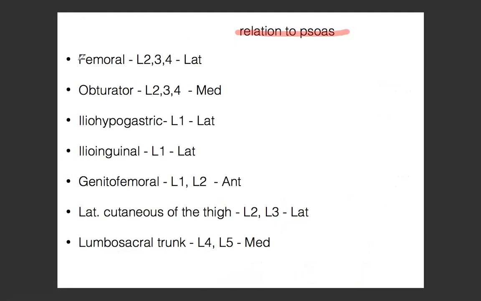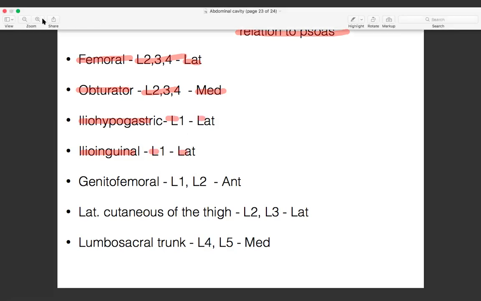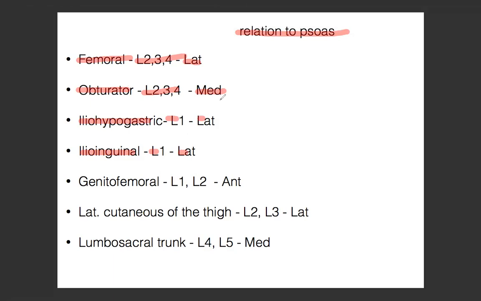فعندنا الfemoral nerve, which is L2, L3, L4, and it's found lateral to the psoas muscle. في obturator, which is L2, L3, L4, found medial to it. تمام؟ في اثنين بيشبهوا بعض, iliohypogastric and ilioinguinal, which are both L1 and they're both lateral to it. تمام؟ يلا iliohypogastric, ilioinguinal, the best way to know which is which is to see where it goes.